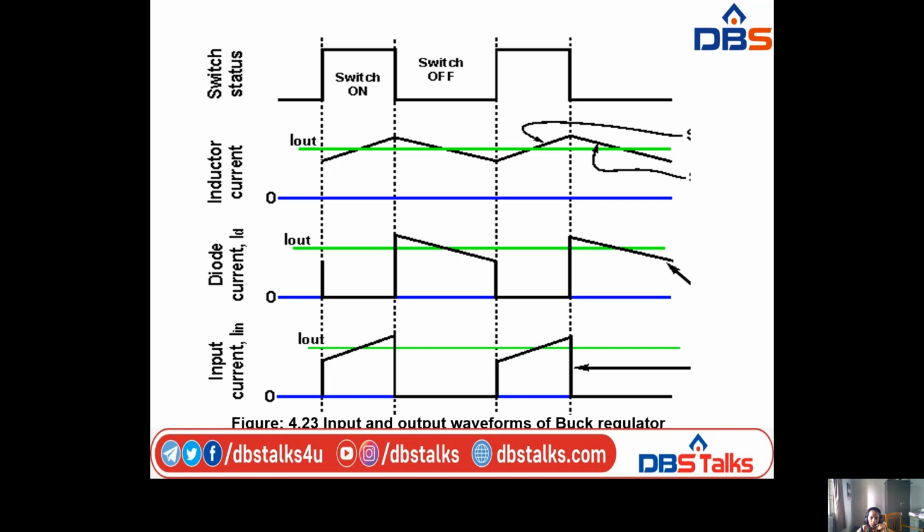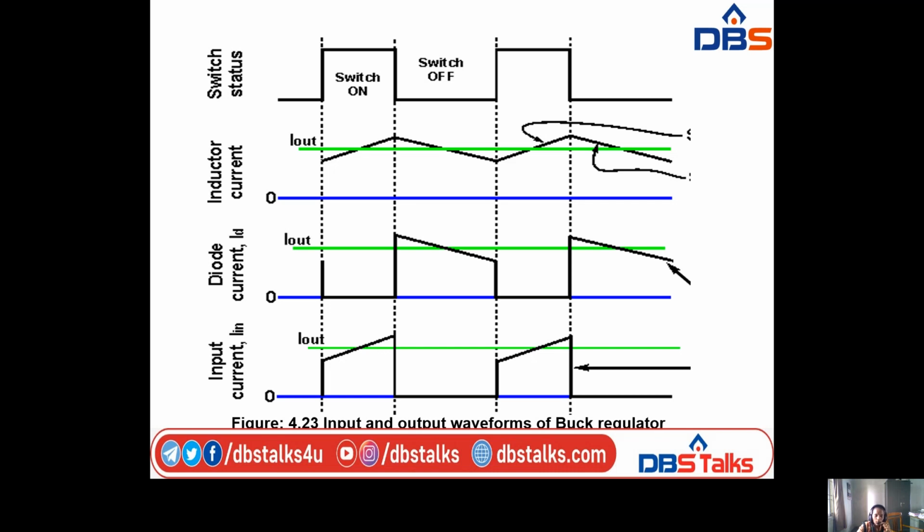The inductor current is in continuous mode, because in both the switch on position and off position, current keeps flowing through the inductor. Then the diode current I_D comes.